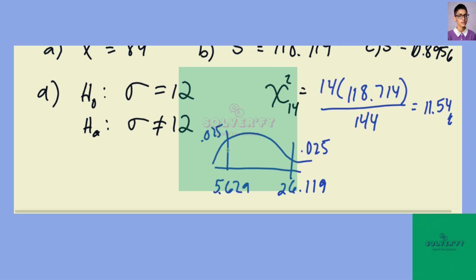And these are the areas where we would be rejecting the null.